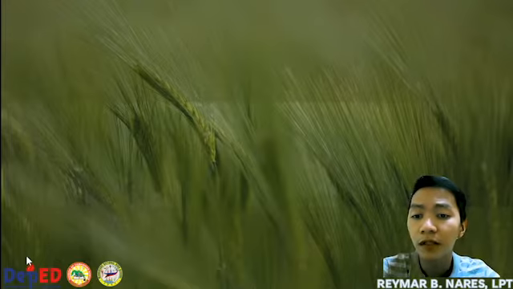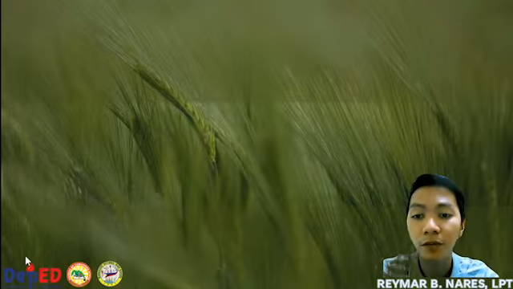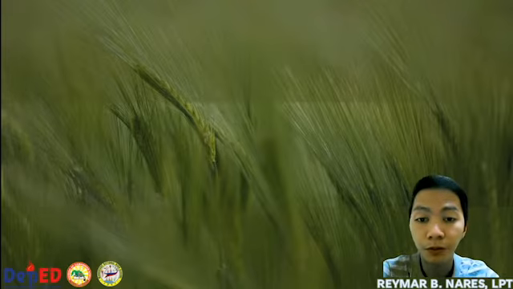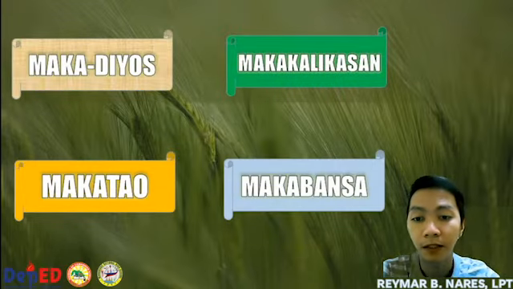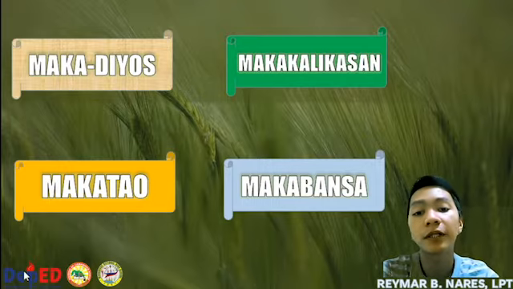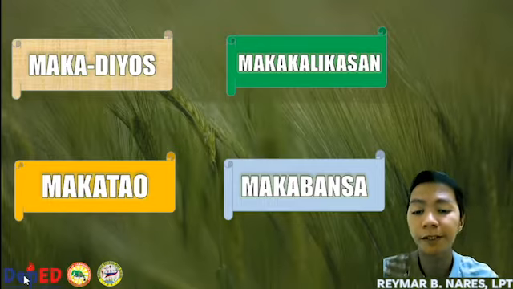So, a true Filipino embodies the core values of makadiyos, makatao, makakalikasan, and makabansa. So, sana gamitin natin ito sa buhay natin, itong mga core values ng DepEd. Makadiyos, makatao, makakalikasan, at makabansa. So, let us always remember that we as an individual is part of a whole system.